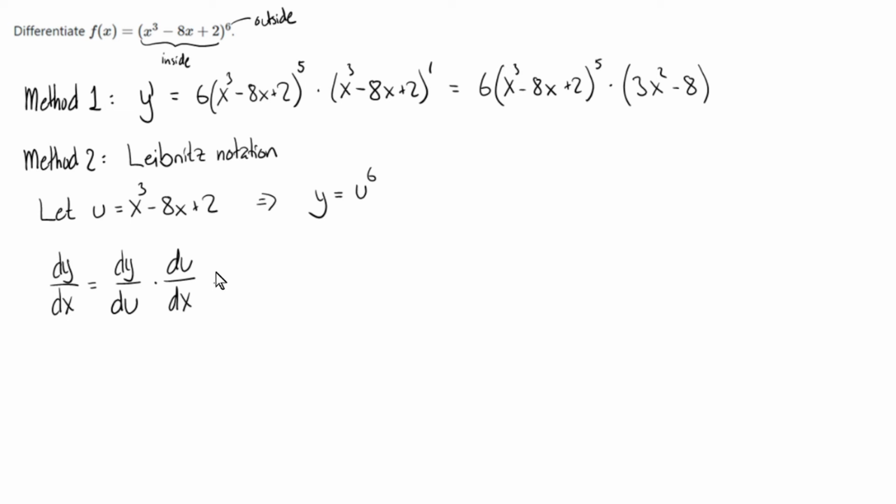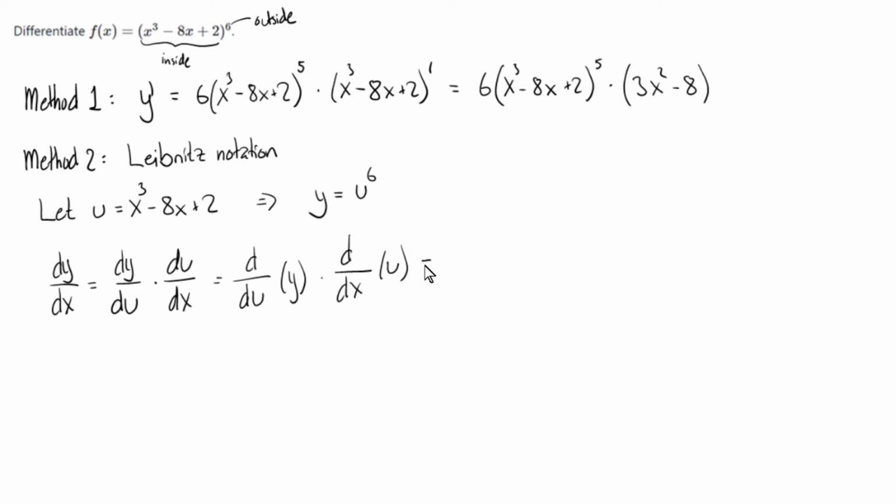We can rewrite this as follows, where now the y is separated out, and we're going to replace this in the next step with the corresponding function. So for y, it's going to be u to the power of 6 times d over dx of u.